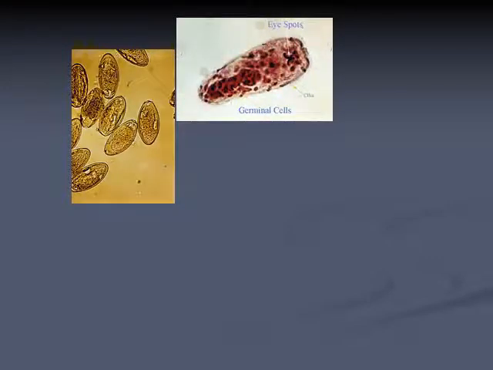This is a slide showing the eggs of Fasciola. They are golden yellow. Here is the operculum. This is the miracidia with 2 eye spots and some germinal cells here.